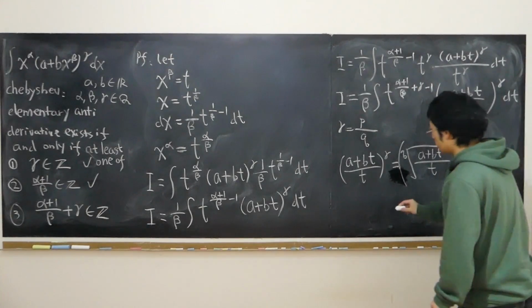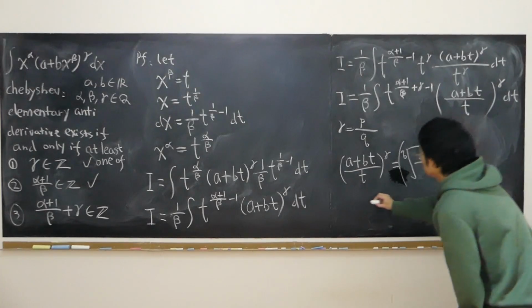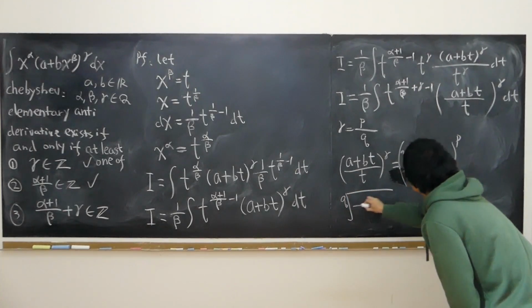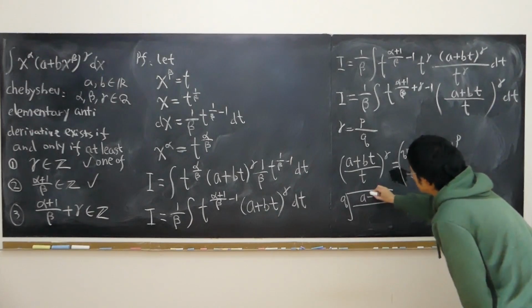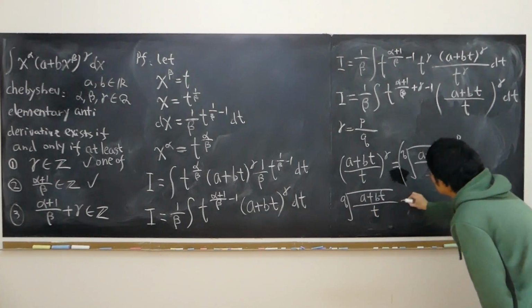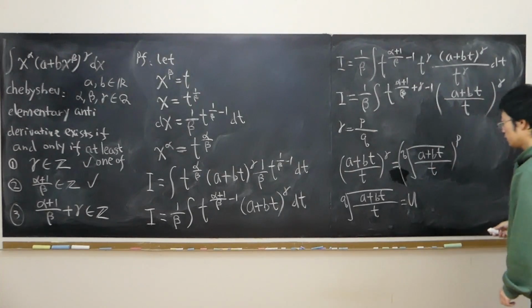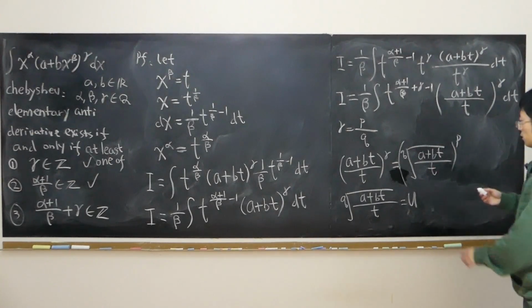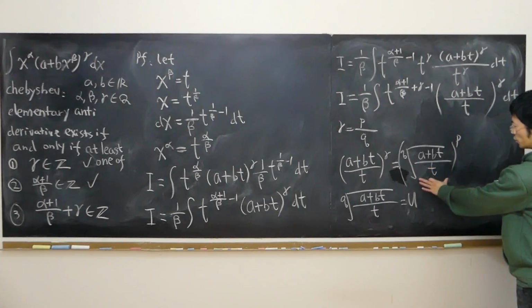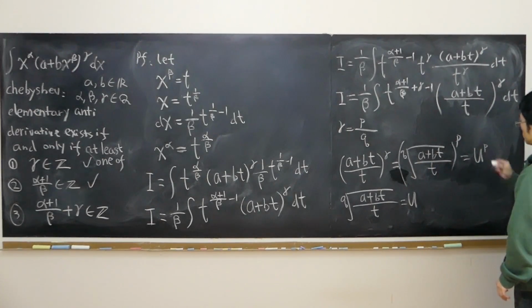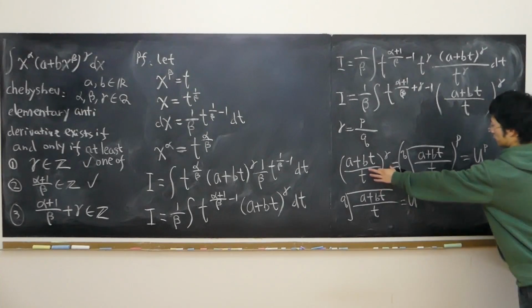Again, just like the old method, we will let the qth root of a plus bt over t equal to u. So this item is u. u to the power of p is equivalent to this quantity.